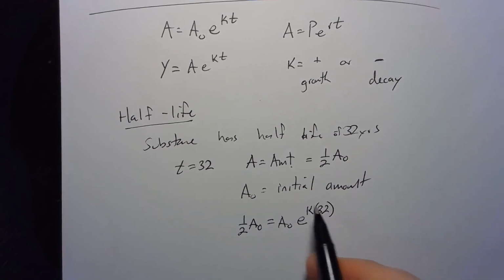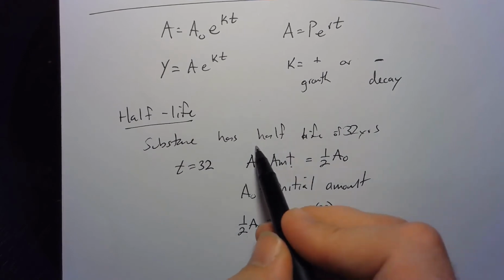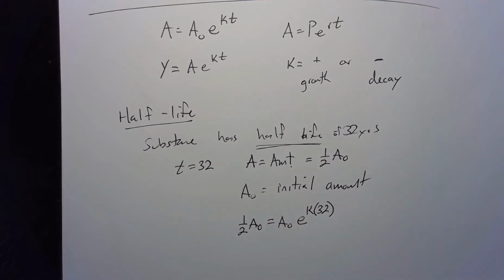So I'm plugging in 32 for my time value, I'm plugging in 1/2 of the original amount for my A value. a sub 0 is missing, but if I didn't know what it was, I could just plug in 1 here, and it would still all work out the same, and I'm solving for k. Most of the questions that refer to half-life identify first, to start off with, the exponential decay model that this particular substance adheres to.